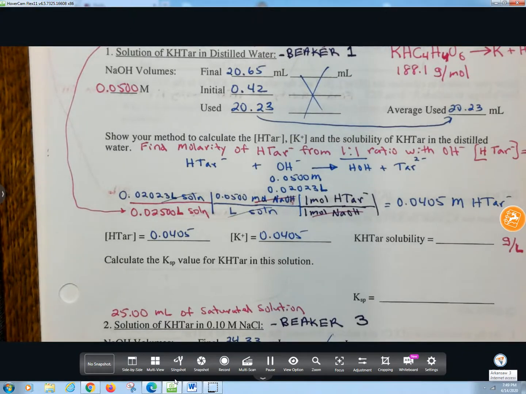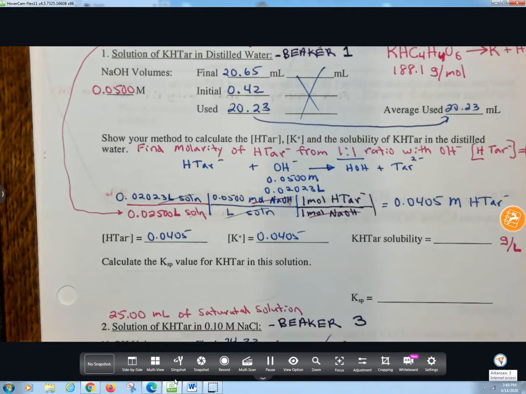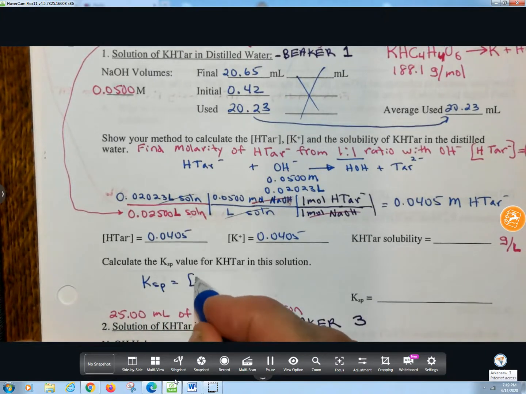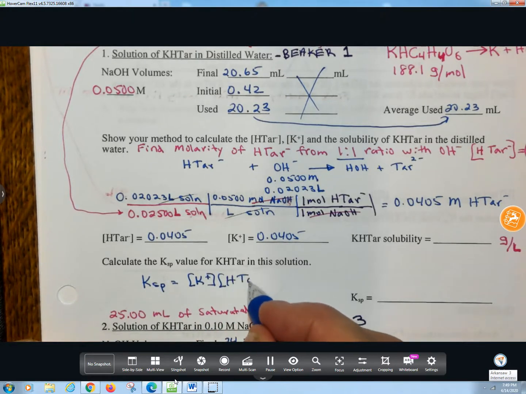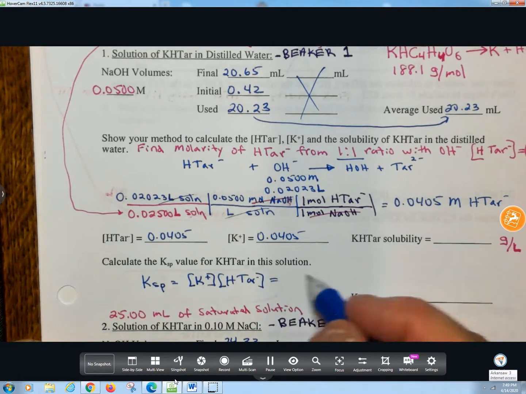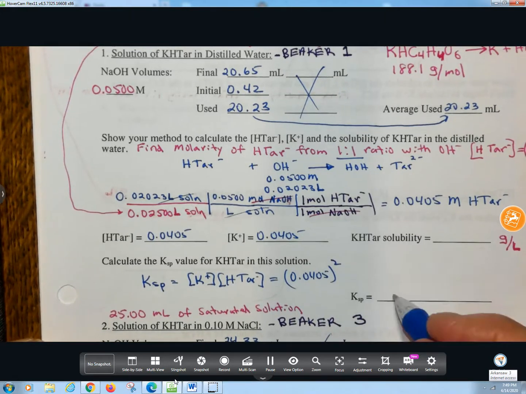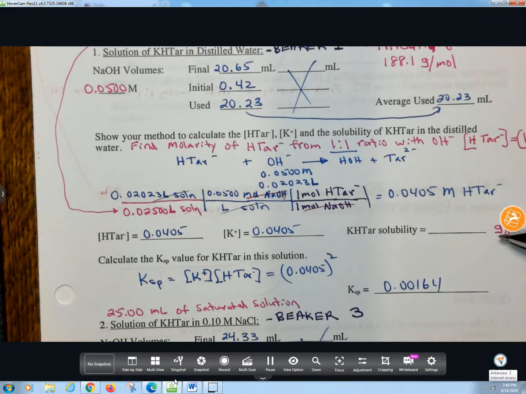So my Ksp here is going to be my concentration of K+ times my concentration of HTar, which are exactly the same. So let's do 0.0405 squared, huh? So my Ksp is 0.00164.